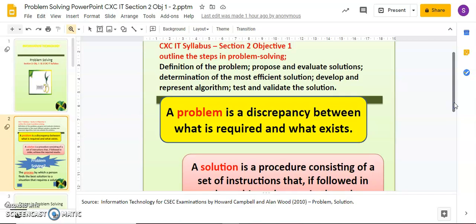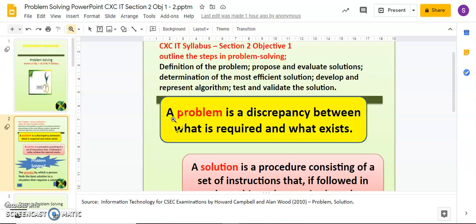Our objective 1 is to outline the steps in problem solving: definition of the problem, propose and evaluate solutions, determination of the most efficient solution, develop and represent algorithm, test and validate the solution. So those are our objectives for today.